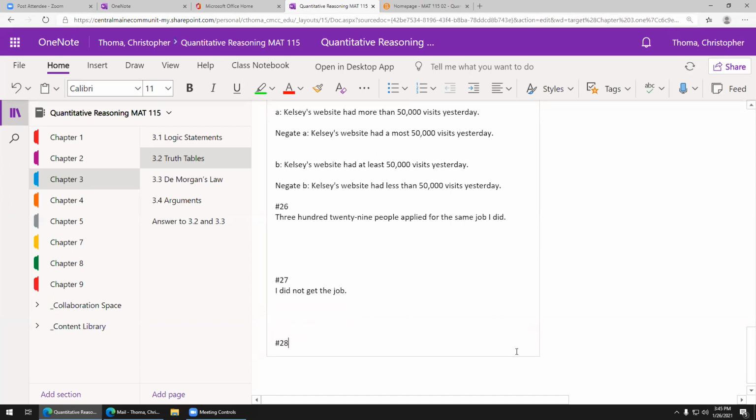Number 28. I don't know why I'm putting them on a different line. I can just keep them on the same line. Austin slept until 8 a.m. this morning.